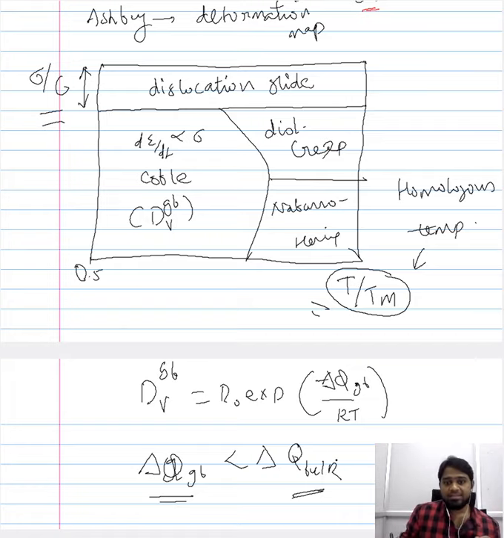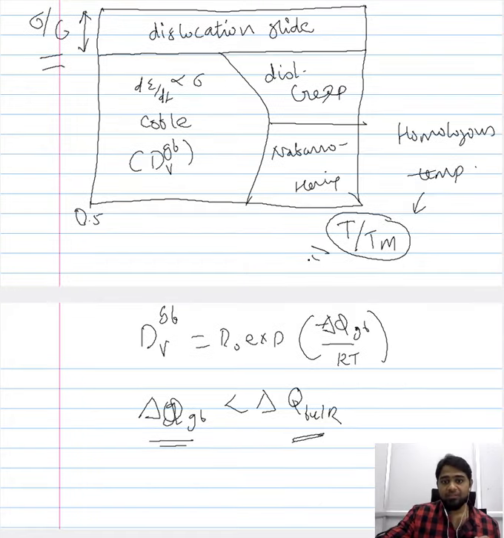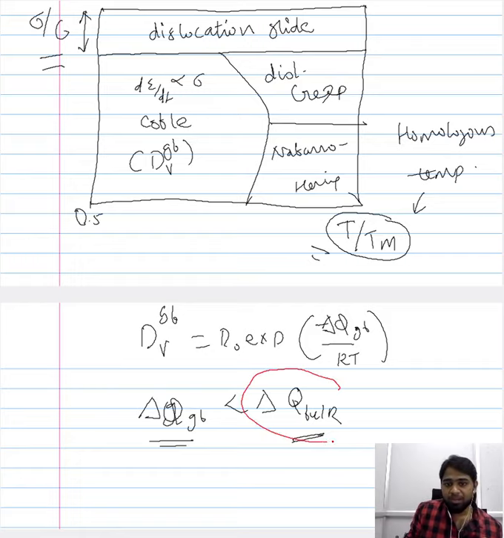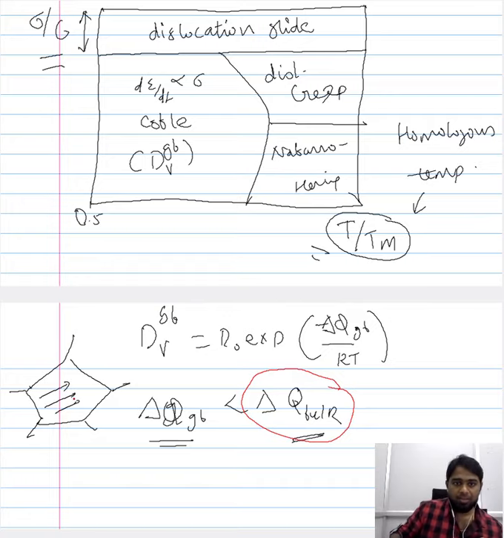Now, as the temperature increases, the vacancies have sufficient energy to overcome the activation energy posed by the bulk of the grains. So if you consider a grain, something like this, there are two ways the vacancy can propagate. The vacancies can move in this way, or they can also move along the grain boundaries.